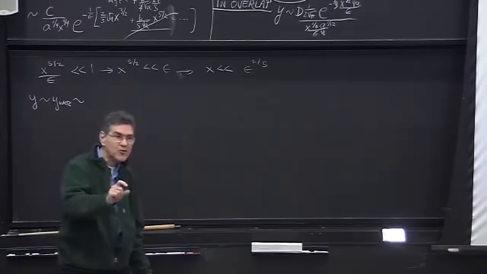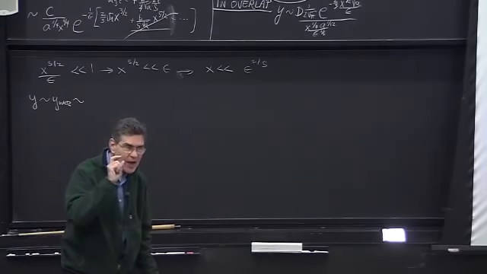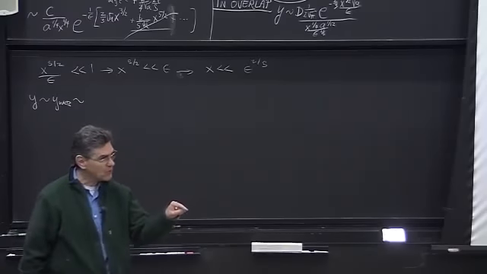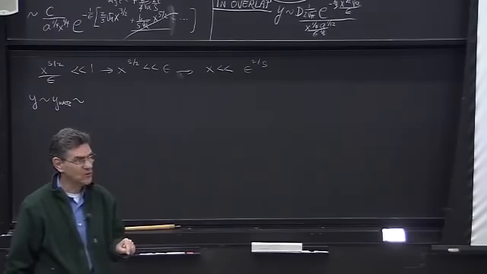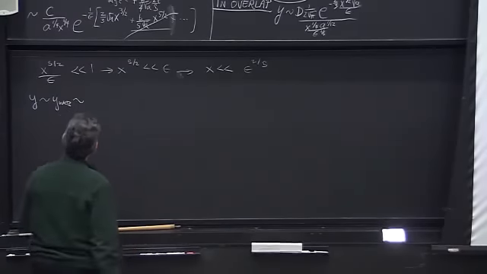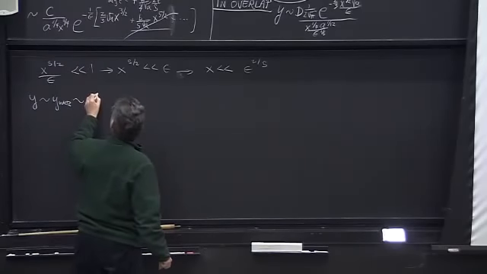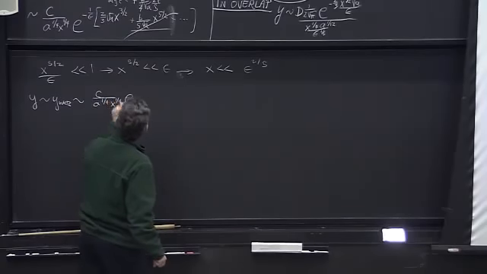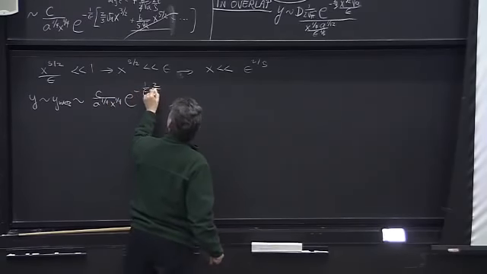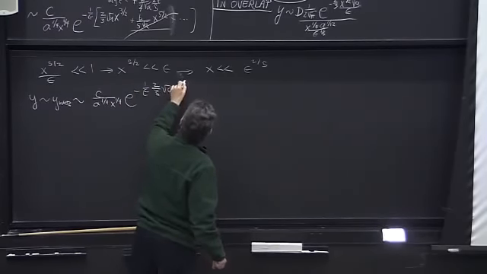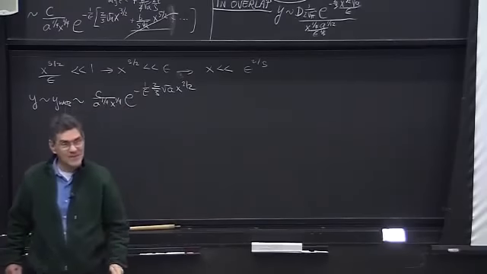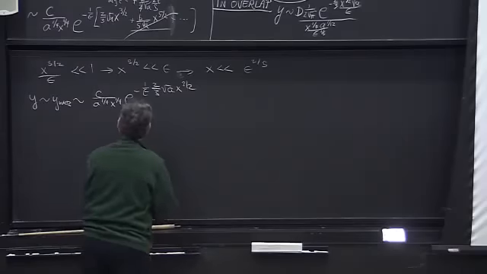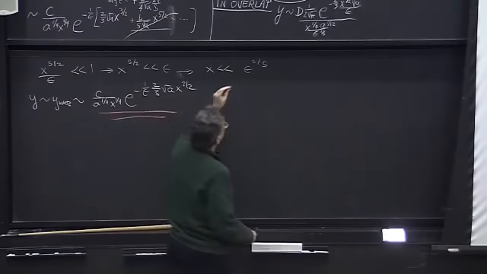We have done an asymptotic approximation to the WKB asymptotic approximation. An asymptotic approximation to an asymptotic approximation. Okay? And the formula reads now c over a to the 1/4, x to the 1/4, e to the minus 1 over epsilon times 2/3 square root of a, x to the 3/2. Now, we look at this result over here, and we look at this result over here.